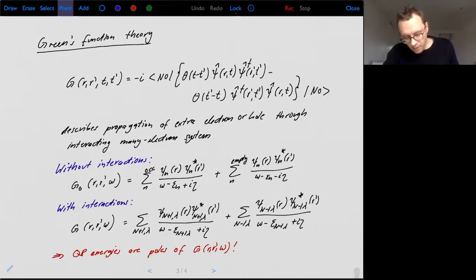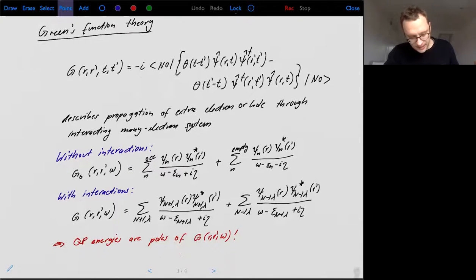And the reason why this object is worth studying, we revealed a little later by analyzing the Green's function as a function of frequency. So we did a Fourier transform from time to frequency. And when we neglect electron-electron interactions, we could just work out what this looks like.